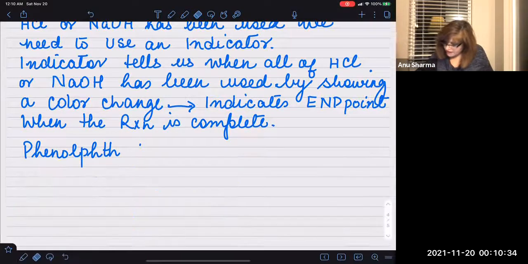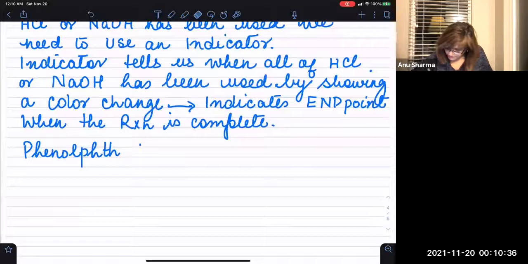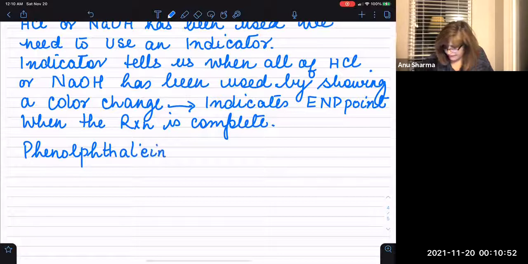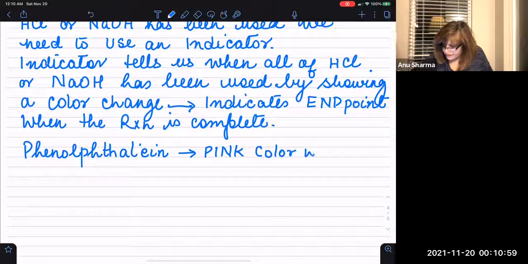Phenolphthalein gives pink color with excess OH ions.